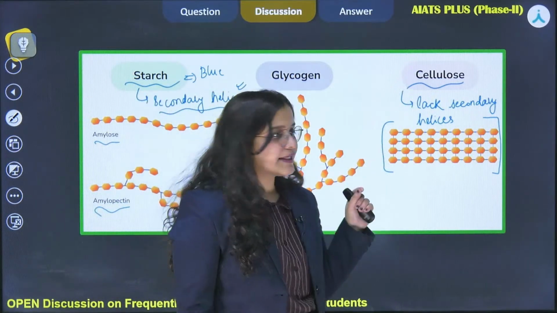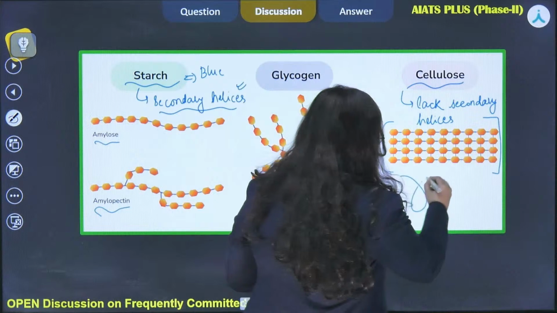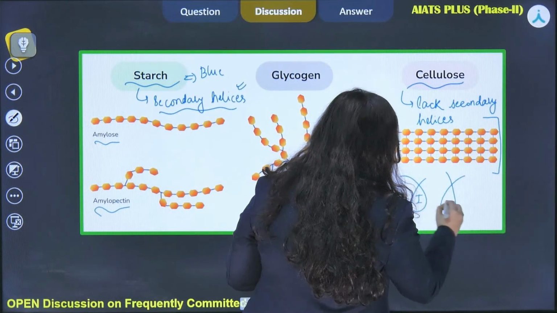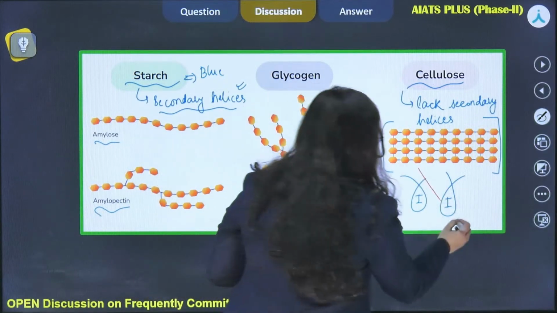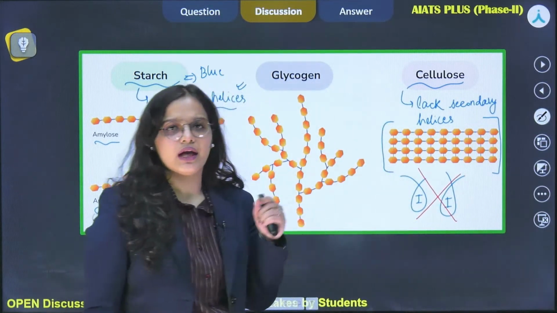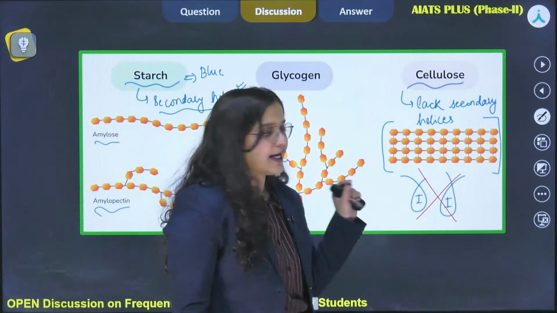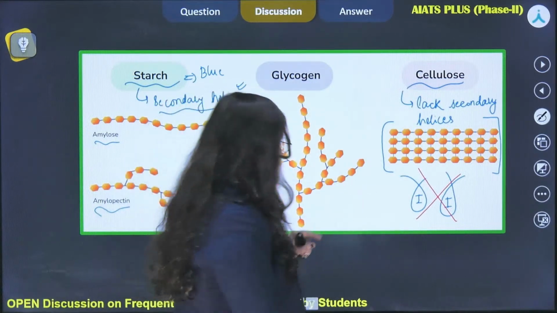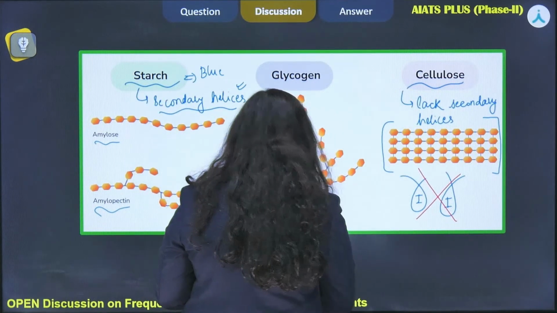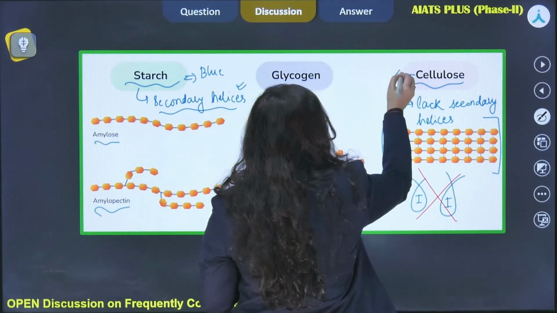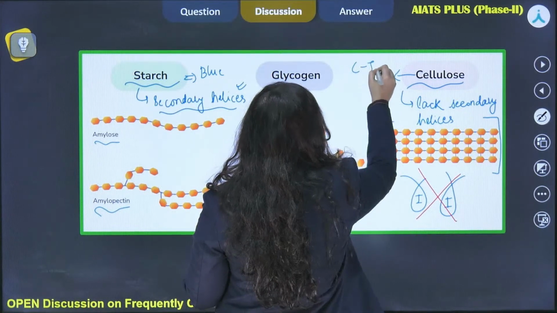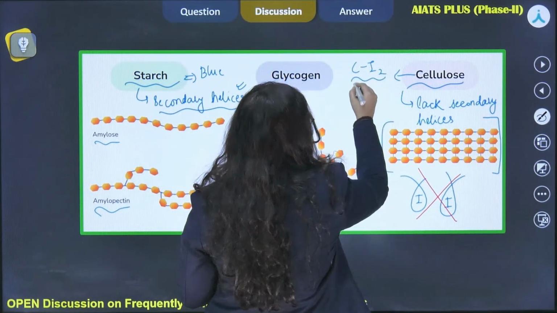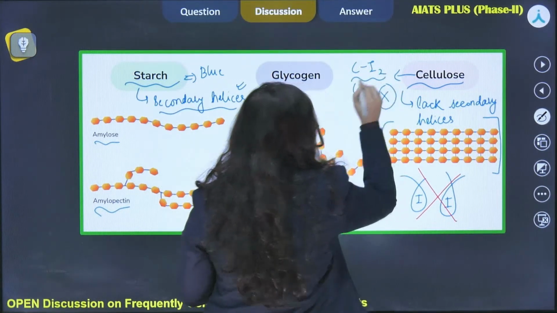Since there is no helical structure which can trap the iodine molecules in between, we see no color formation because the iodine molecules are not getting trapped. So basically when we try to perform a reaction between cellulose and iodine, there will be no such color formation.